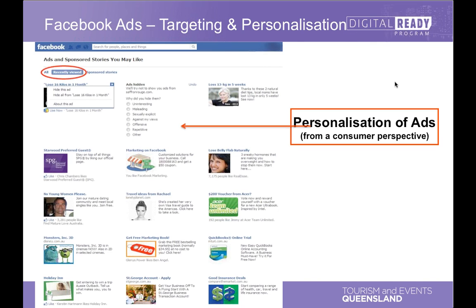The other thing to think about with targeting and personalization is that Facebook does use your details: what you liked, what you clicked on, what it knows about you, what you've put in your status updates, what you've put in your personal profile information, and any information it can gather from your own Facebook page, or, for want of a better argument, your fans' Facebook pages, to deliver specific ads to match what it thinks your interests are, based on what you do and click on and like and enter as information on Facebook.